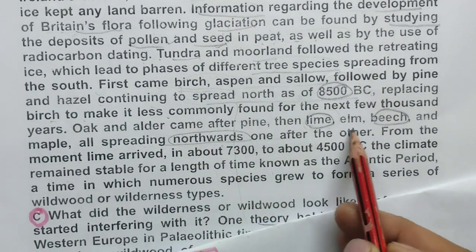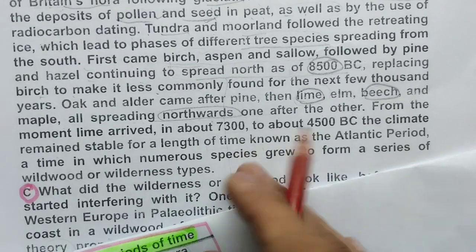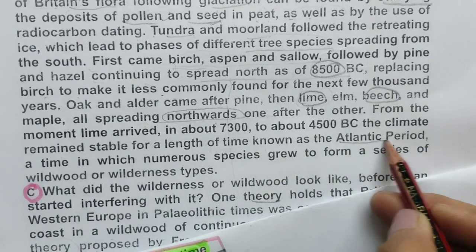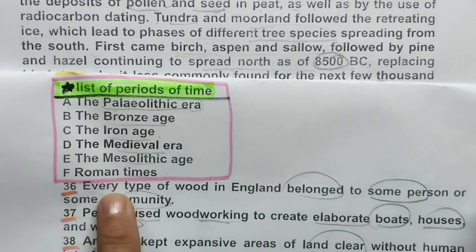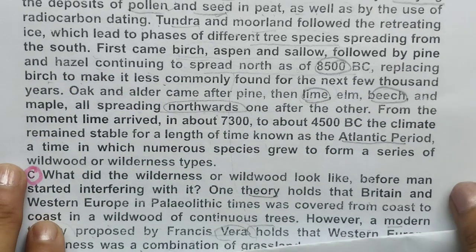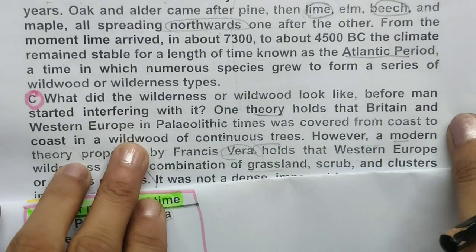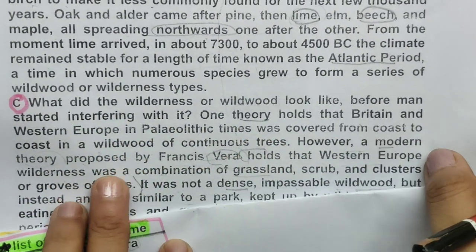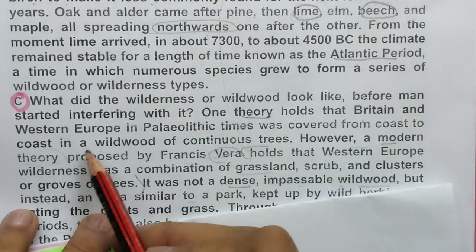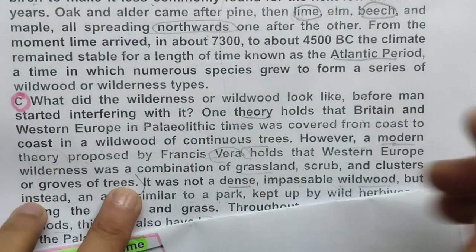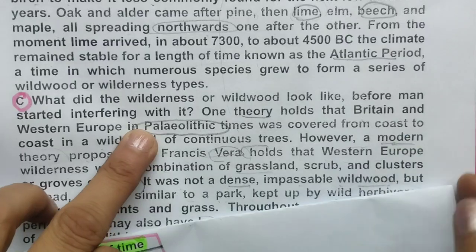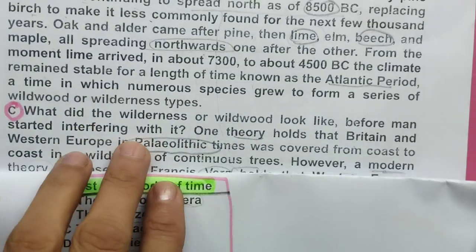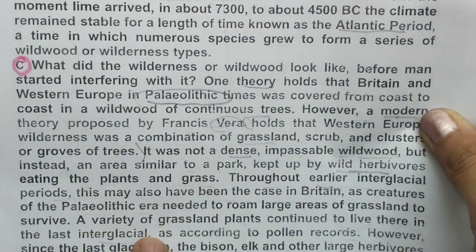Okay, the word period is there, Atlantic, but the Atlantic period is not in this list. In this paragraph, modern theory, Paleolithic times is there, but we are looking for Paleolithic era. No issue, at least we have found something.